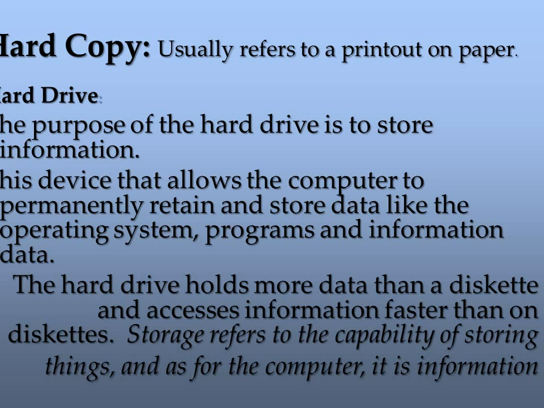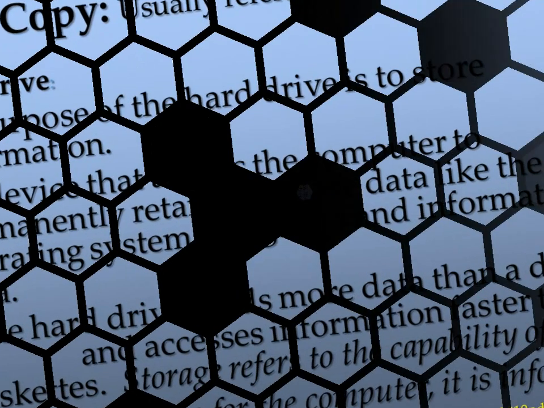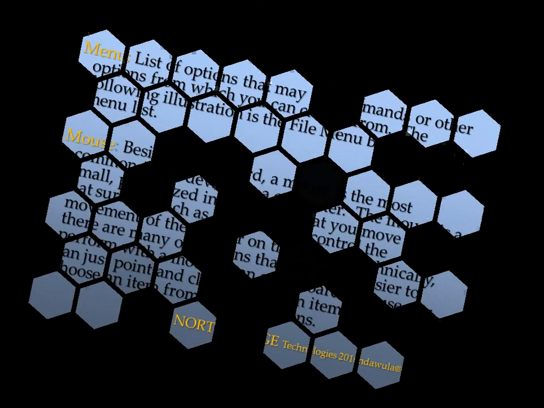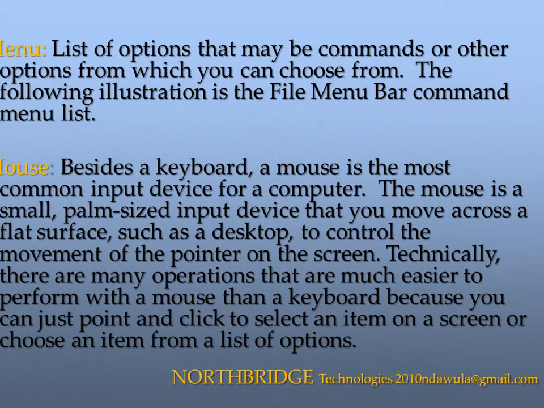And when you try to retrieve, for instance, a flash disk may retrieve at a slow pace, and diskettes again will be very slow. So when we look at hard copies and hard drives, briefly they may look as if they are the same, but remember, hard copies are printouts, while hard drives are devices.